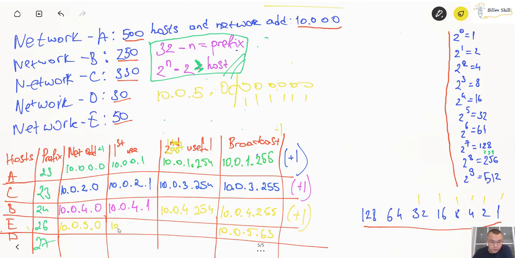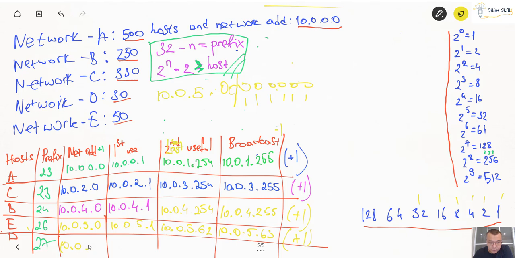And the first useful will be 5.1, and the last useful will be 10.0.5.62.